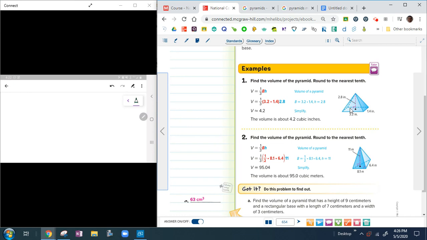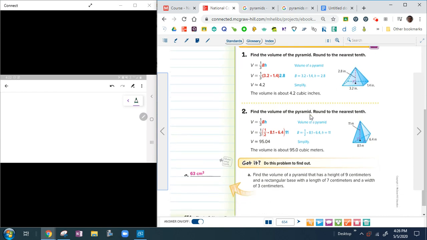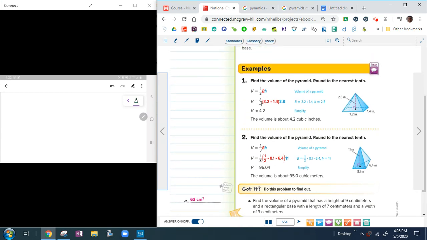So we use base in several different ways. You can have a base of a 2-dimensional figure, or you can have a base of a 3-dimensional figure. So it can get confusing. All right, and then it's just calculated, simplified using order of operations, but it's all multiplication. So just do all the multiplication and get the answer. Make sure you know what to round to.